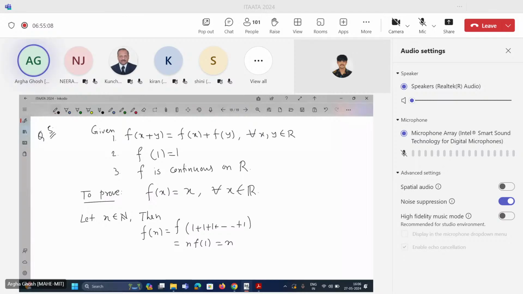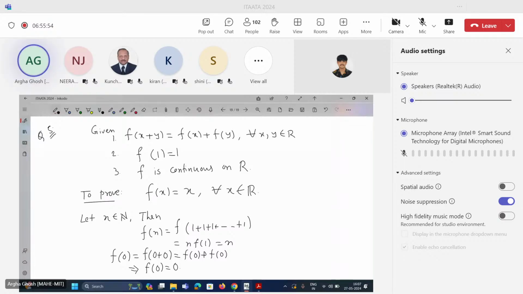We can take f of 0 as f of 0 plus 0, which is f of 0 plus f of 0, and by the cancellation law, f of 0 is 0. Okay, so f of 0 is 0.